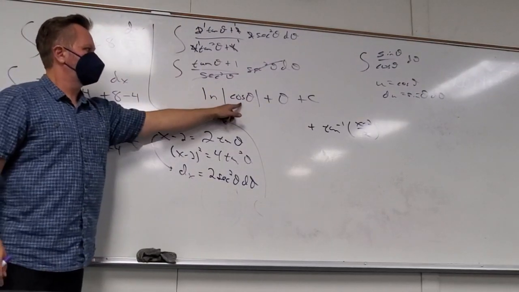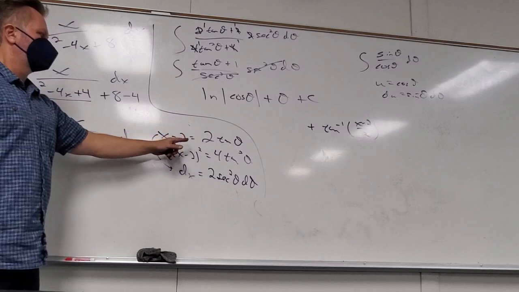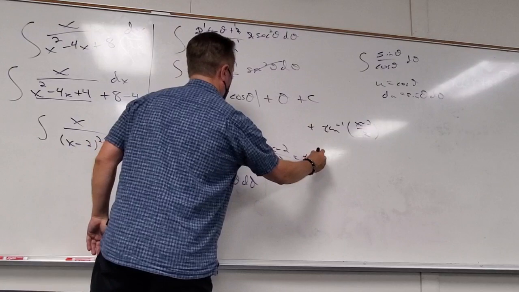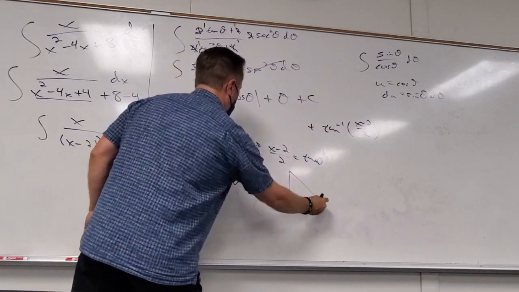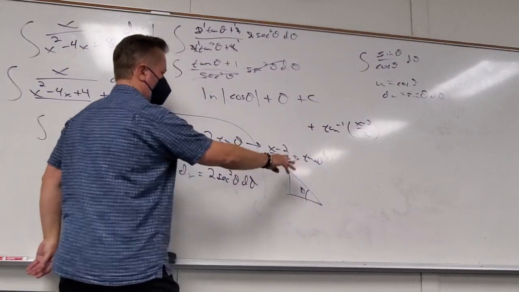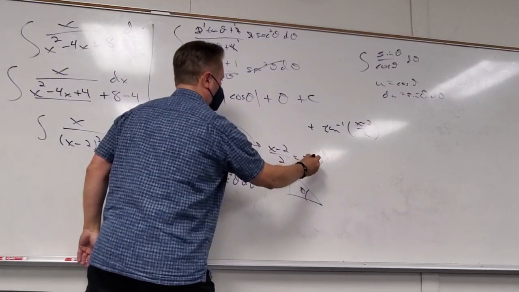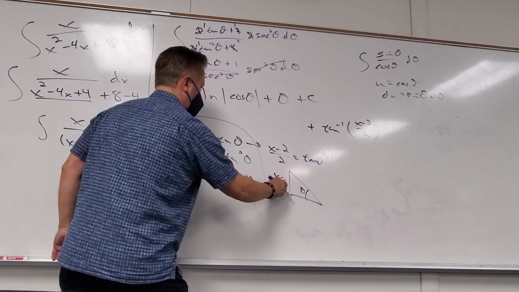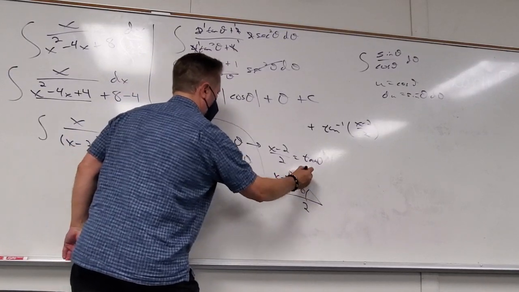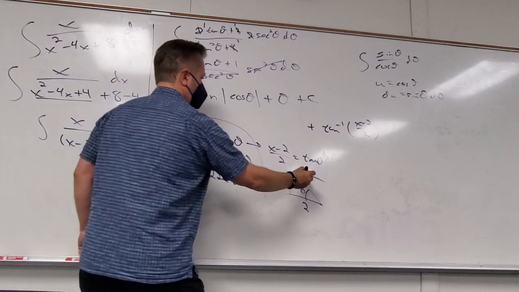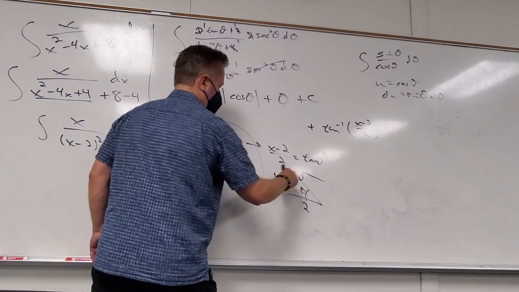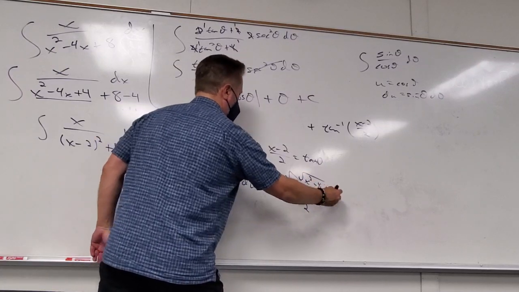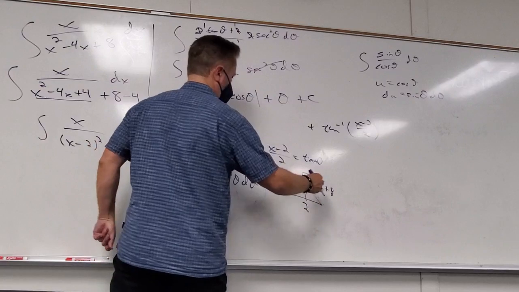To get cosine, I have to draw the triangle. What's the triangle going to be? Where does x minus 2 go if it's tangent? Opposite, on the y side, and then next to it, 2. Good. And so the hypotenuse will be the square root of x squared minus 4x plus 4 plus 4, and look at that.